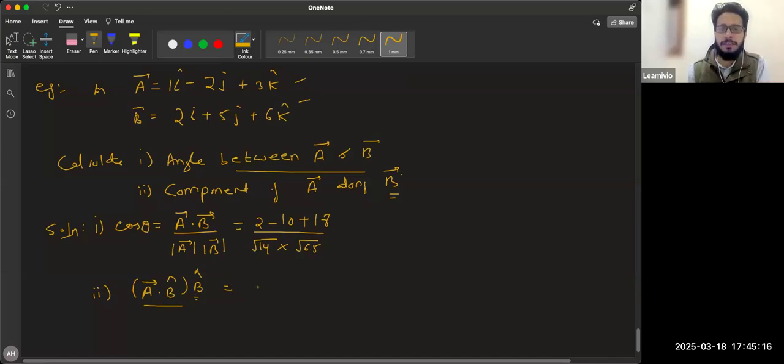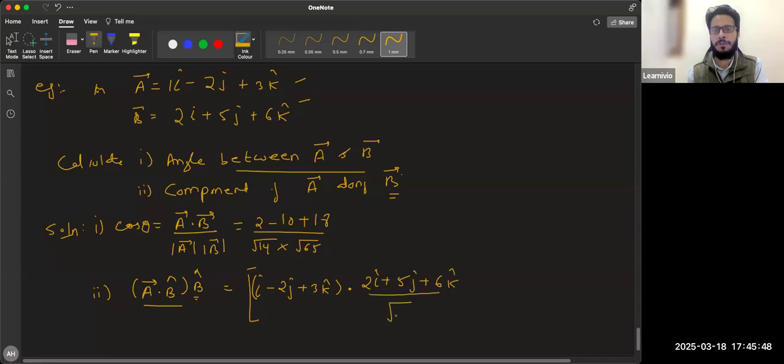So vector A is I cap minus 2j cap plus 3k cap, dotted with B cap. This is vector B, and this is the magnitude of vector B, root 65. So we can write this as 2I cap plus 5j cap plus 6k cap divided by root over 65. This is the magnitude of the component.